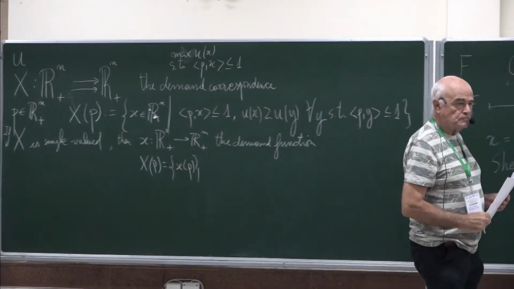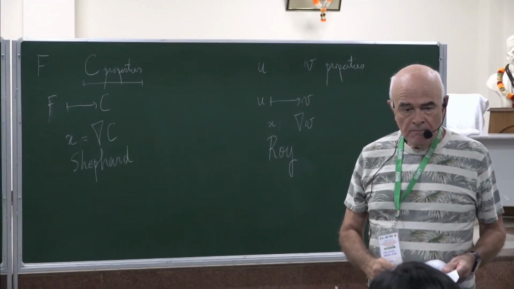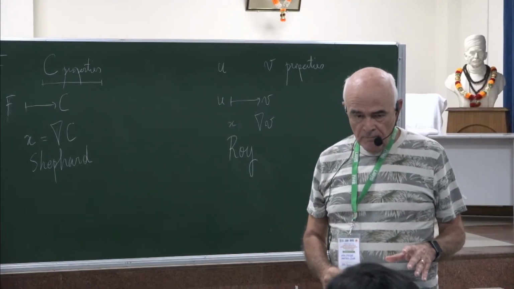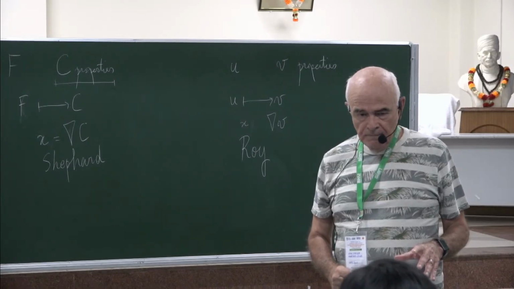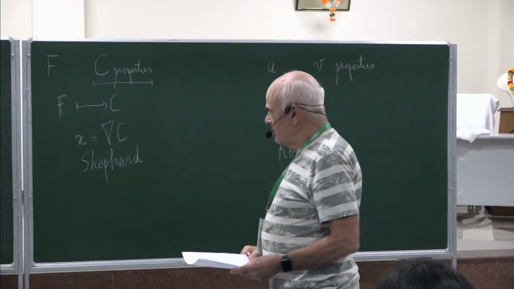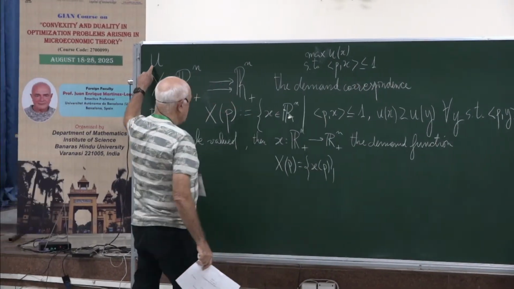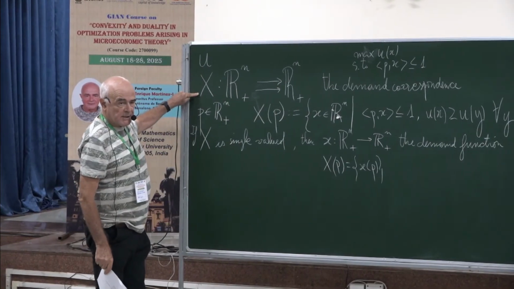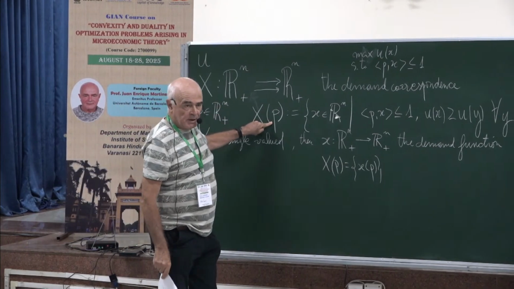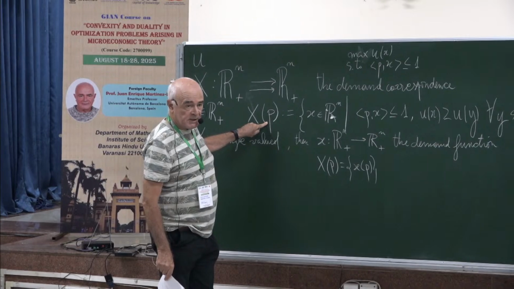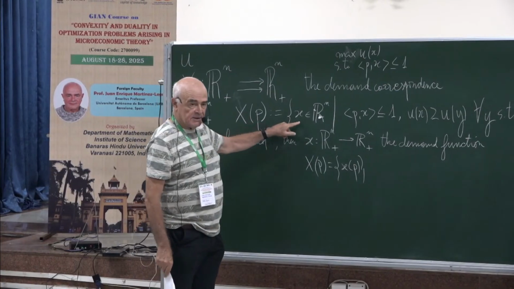You give me your preferences, represented by U, and I introduce this X. This X is a set valued mapping for which the arguments are prices. So to a given price vector, what do I assign?